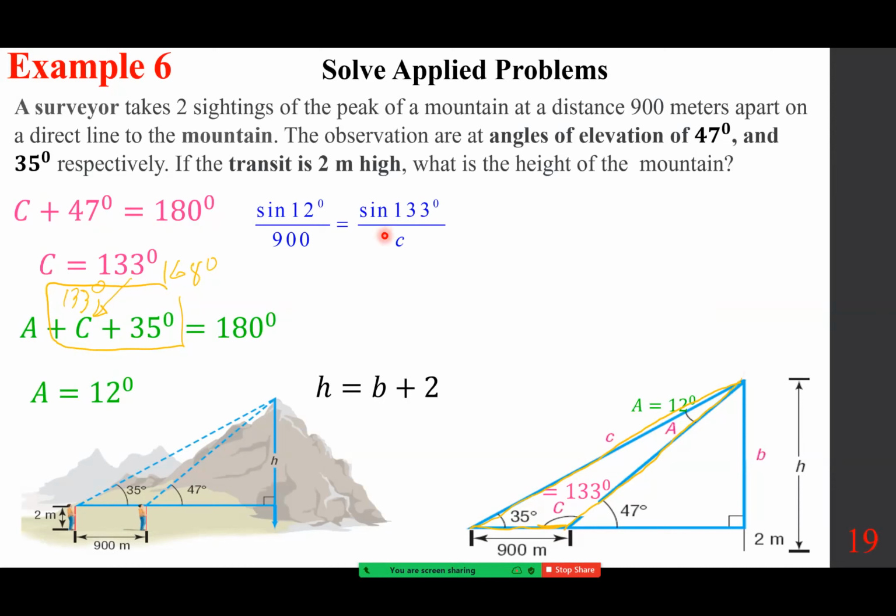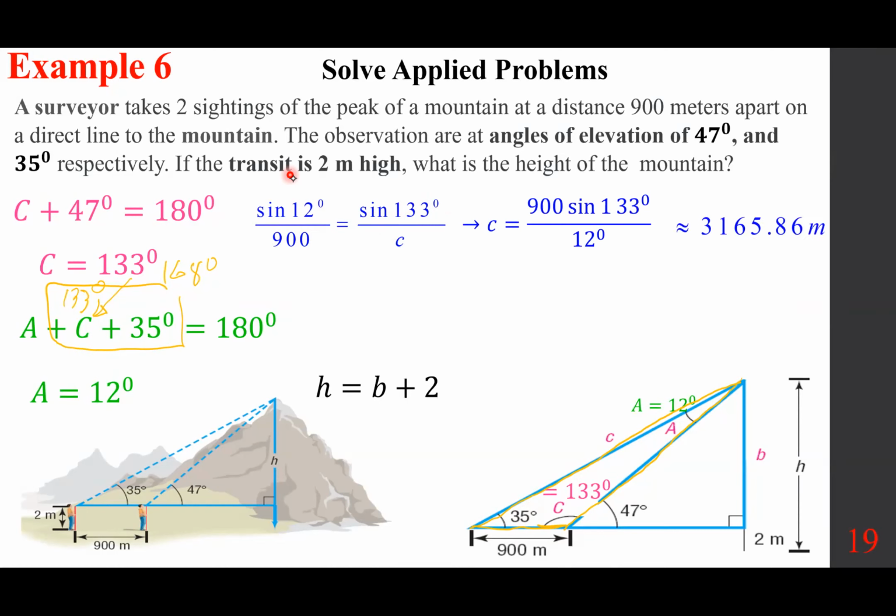So lowercase c is the product of these two, 900 sine 133, divided by sine of 12. Plug in. That's the answer.